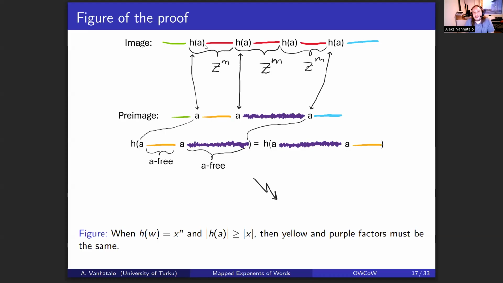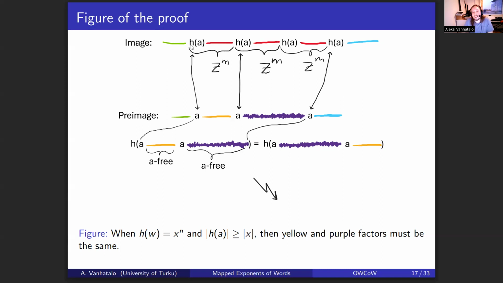So after some fixed word, we must have a new image of A in the exact same place considered in the repetition as the previous image of A. And then this repeats as many times as we have room in the image side.